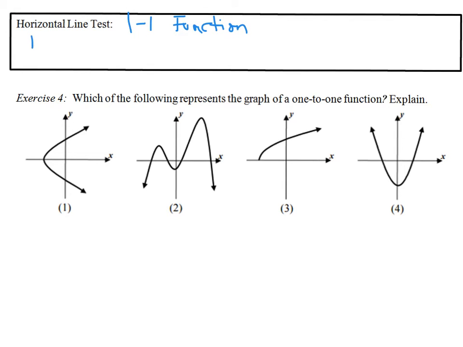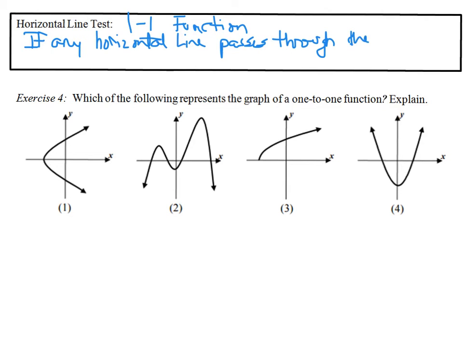If any horizontal line passes through the graph at most one time, then the function is one-to-one.